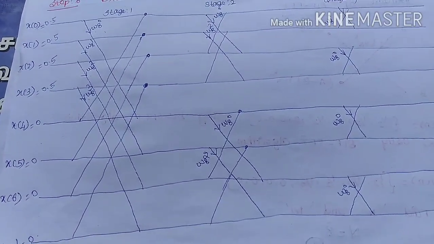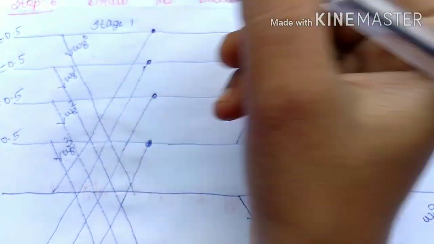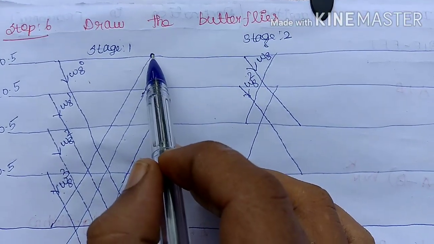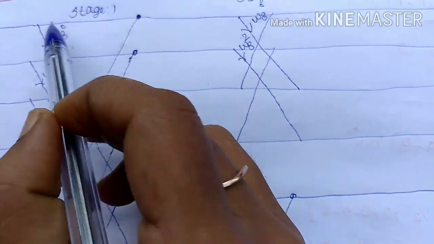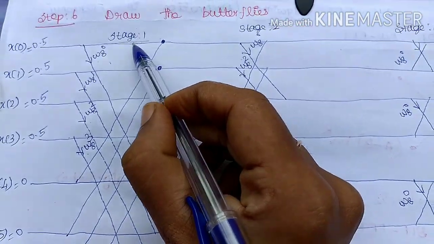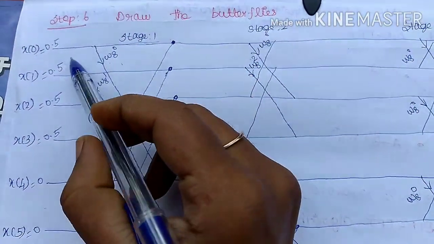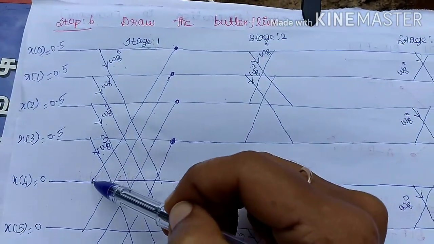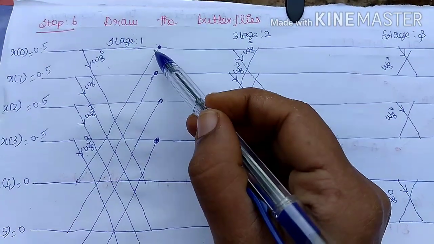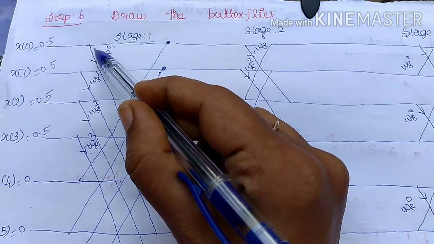Then to calculate the outputs. Okay, so first I am calculating this point. So this point is a connection between this line and this line, right? So my one input is 0.5 and my other input is 0. Then for this line my twiddle factor value is W8 power 0.